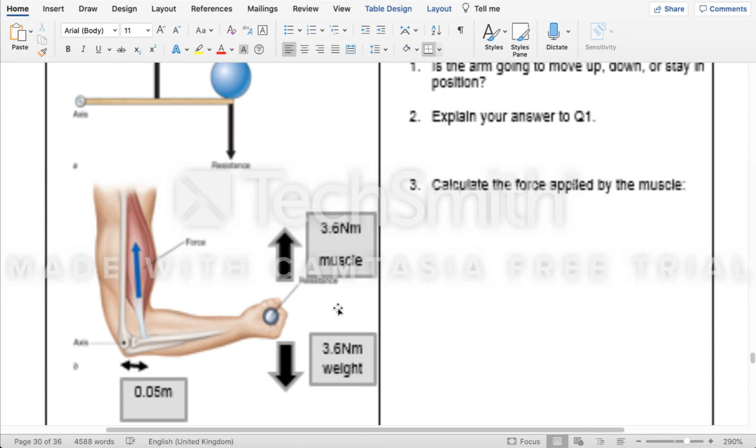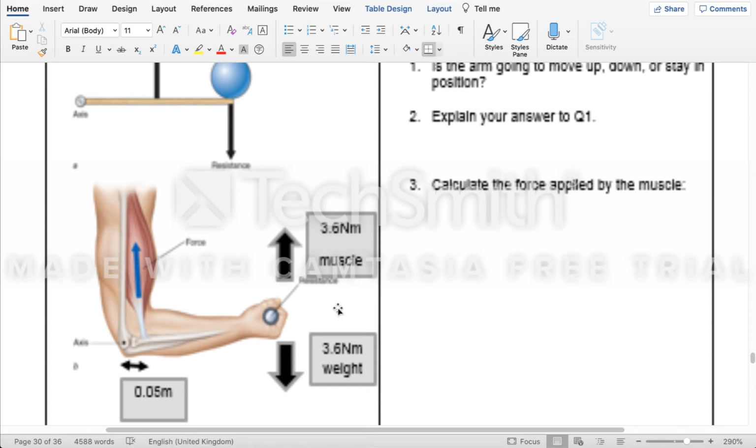All right, number 3 is a little bit of the maths portion that I mentioned. Calculate the force applied by the muscle. Now, the difficult part here is that you have to rearrange the equation. When you're rearranging equations, you need to make sure that whatever you're solving for is on one side of the equal sign. Right now, the question is asking for the force.